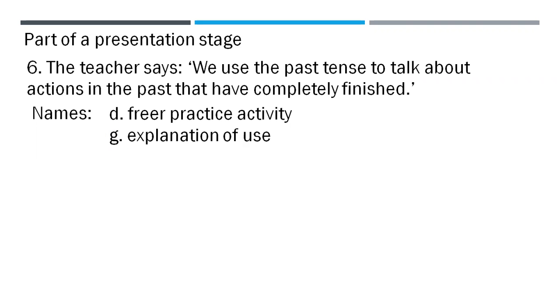All right, the teacher says, we use the past tense to talk about actions in the past that have completely finished. Is it a free practice activity, or is it an explanation of use? Difficult choice. And the right answer is, guess what? G. Well done. I hope 100% of respondents have given the correct answer.